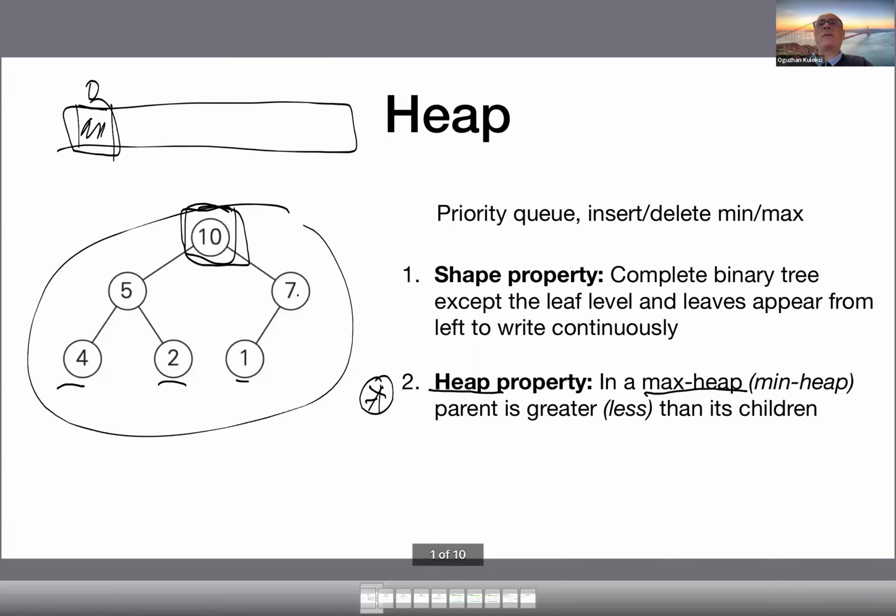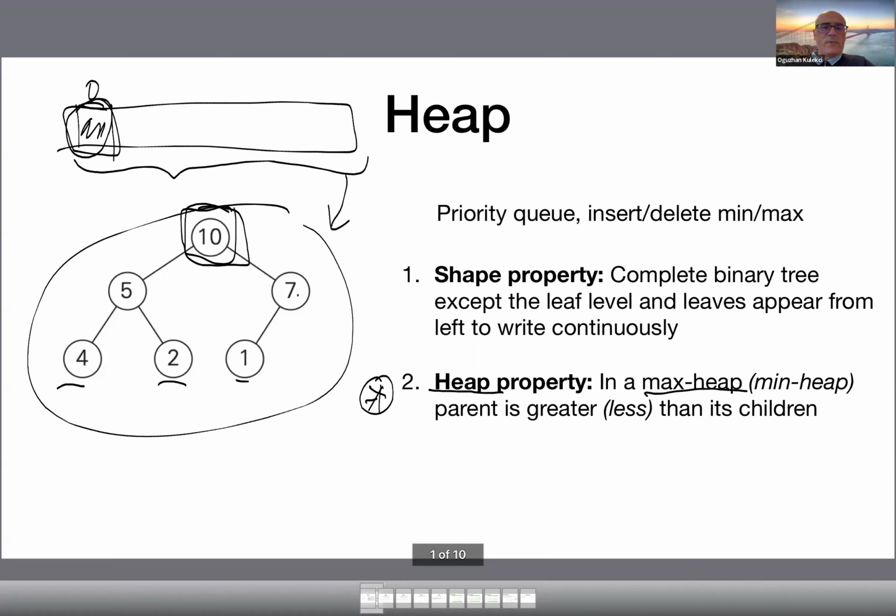That is something very useful. Why? Because if my problem needs to access the maximum or minimum frequently, then it's very easy if I represent the set with an array and keep it with the heap data structure, as whatever I'm looking for is always available at position 0.